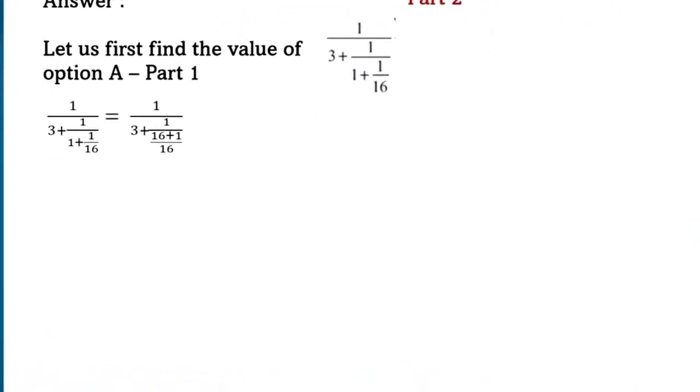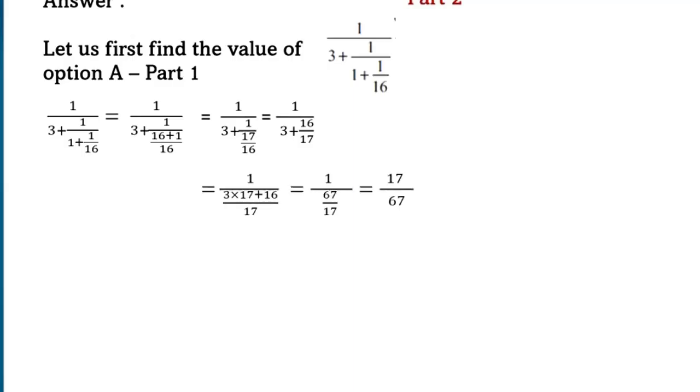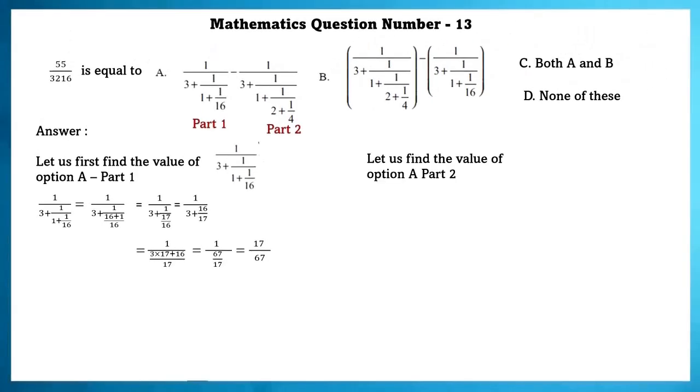So, taking LCM of 1 plus 1 by 16, we can get the value as 17 by 16. Now, converting division into multiplication by reciprocating, we can get the value as 3 plus 16 by 17. So, simplifying, we can get the value of part 1 as 17 by 67.